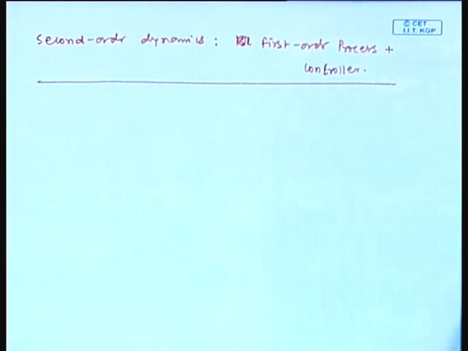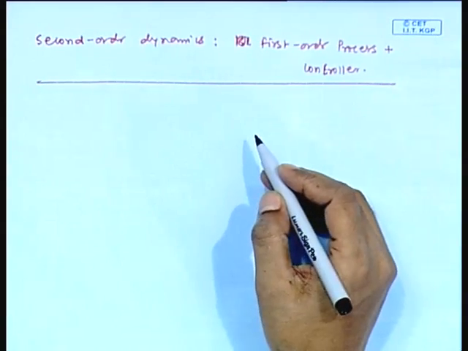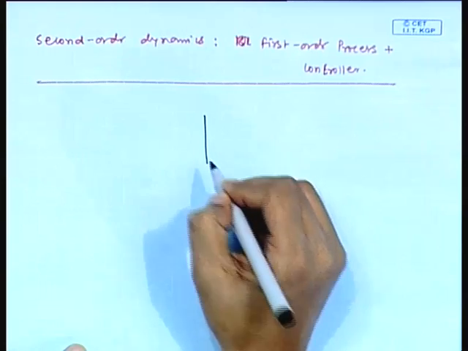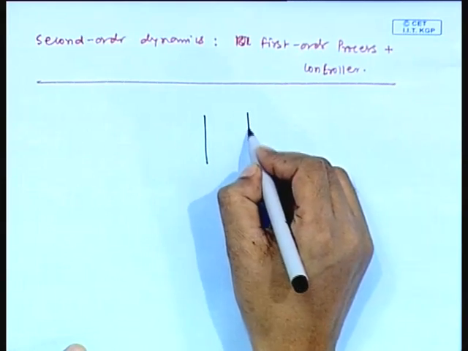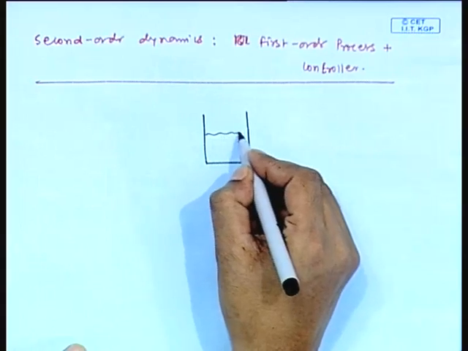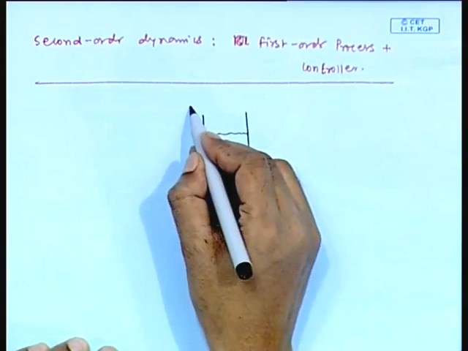If a controller is employed for a first order process, what will be the overall dynamics that we wish to observe? So, we will first consider one example, that is the liquid tank system. This is a liquid tank system.